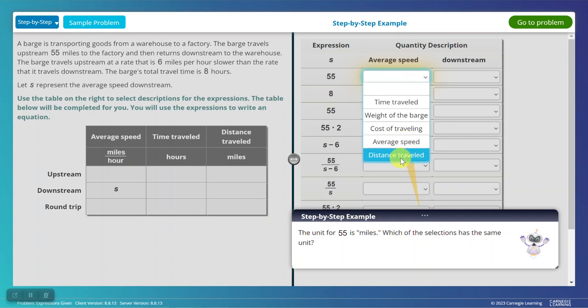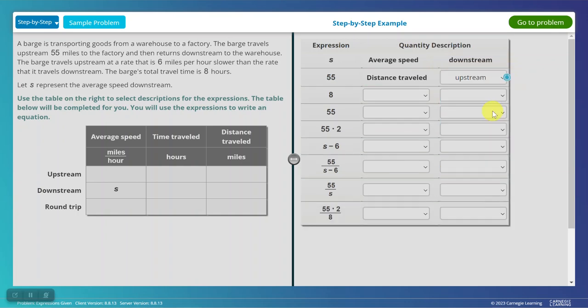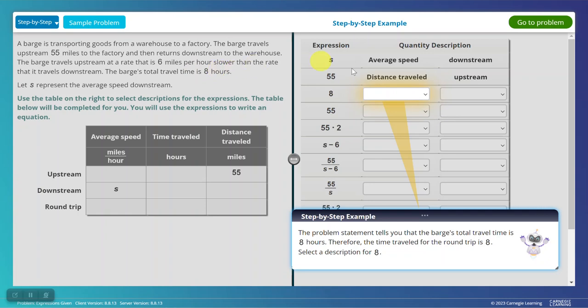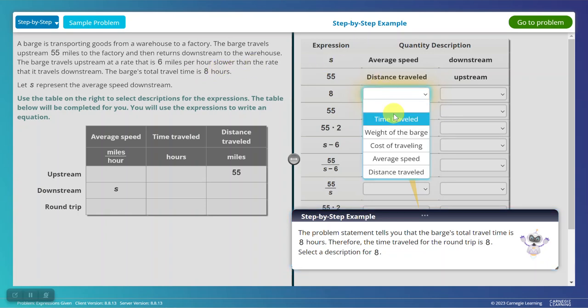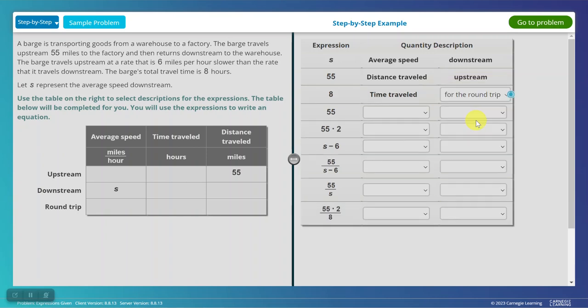So it's a distance traveled, and it is just upstream, it says. Okay, where does the 8 come from? The 8 is the barge's total travel time. It's in hours. Time traveled. Now it says total, so I'm going to say for the round trip. So there and back again.